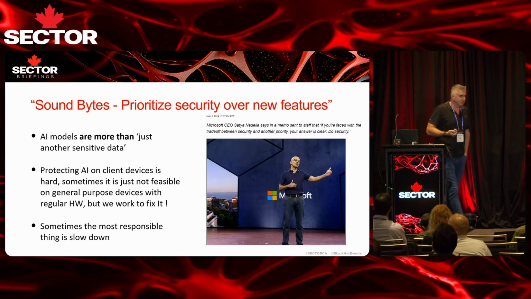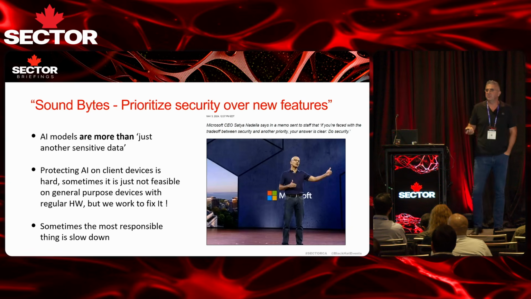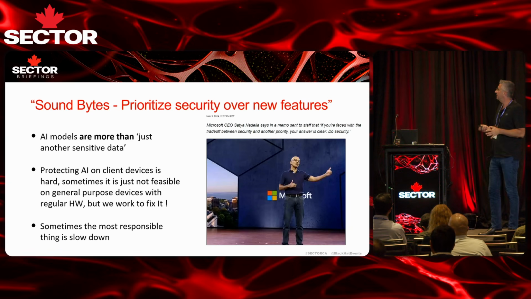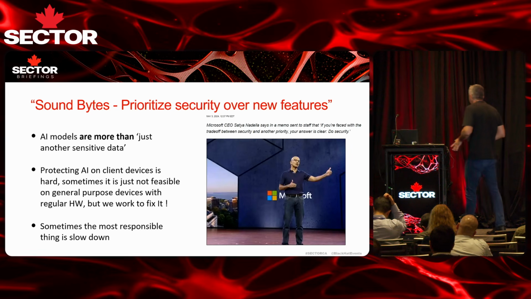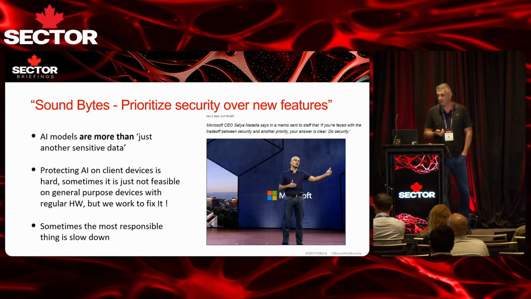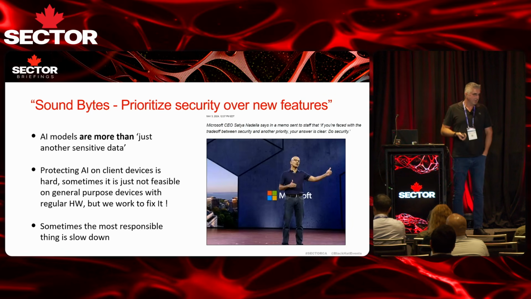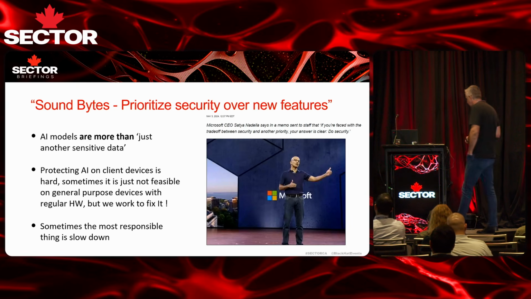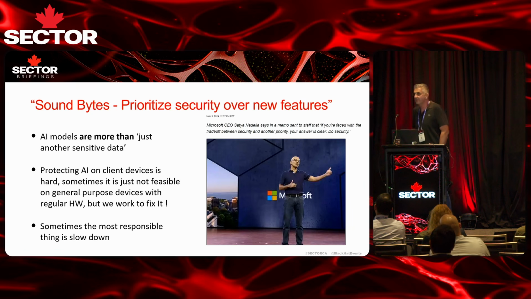So AI models are more than just another sensitive data. You need to take a dedicated approach, a dedicated threat modeling, and to take into account all the risks to secure them properly.